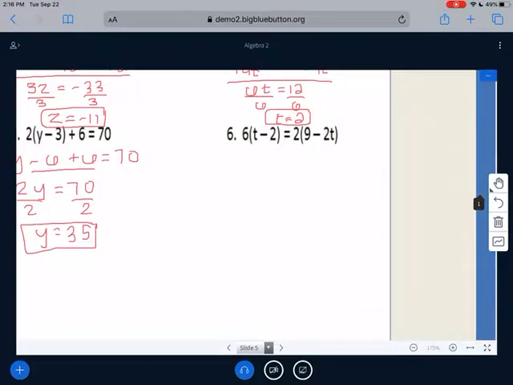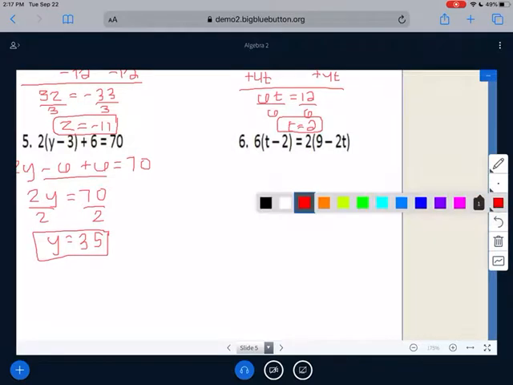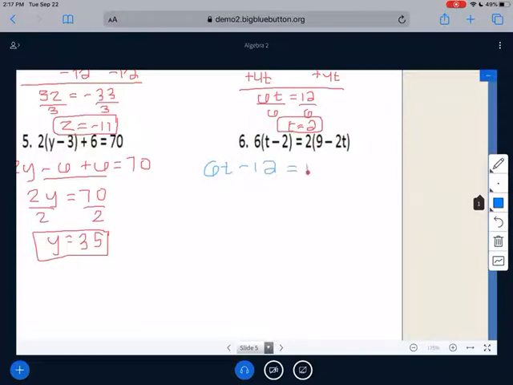And then in number 6, I would distribute to start. Add 4t to both sides.